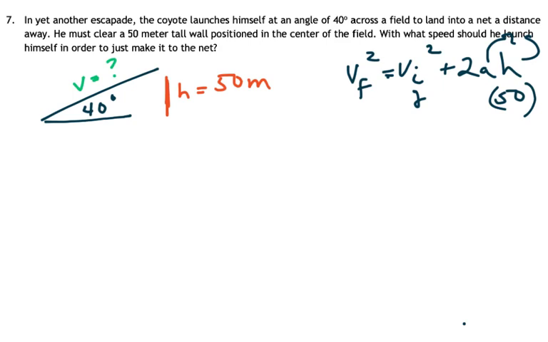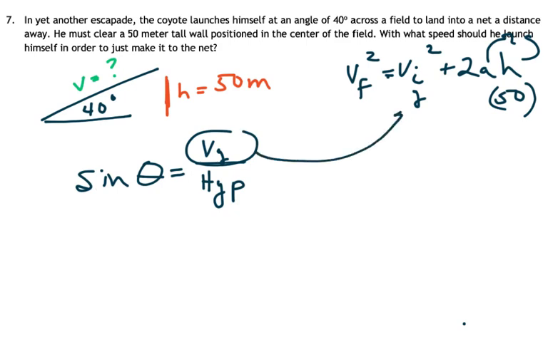Find the final velocity, and then finally you know that, not cosine, sine of your angle is equal to the opposite, so velocity in the y direction, over hypotenuse. This you get from that. So you just solve for what the hypotenuse would be. That's a y.